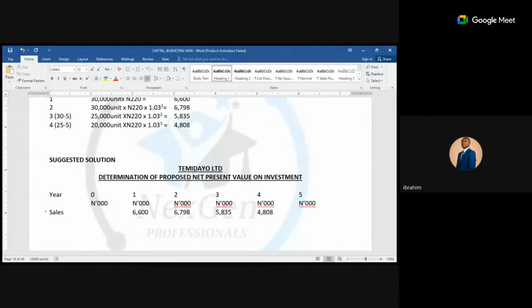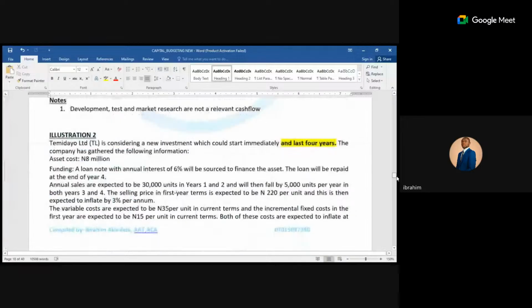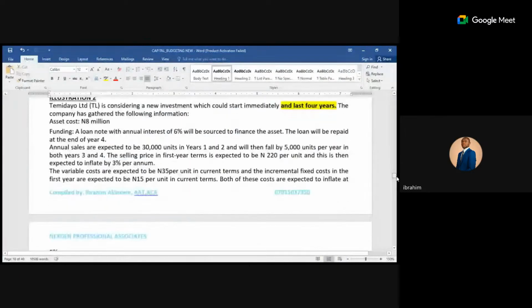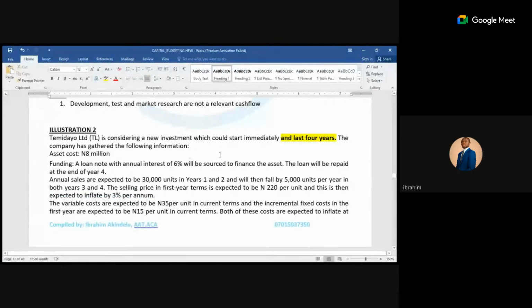This is new because the tax is being paid in arrears. So we need to check for the variable costs, the relevant cash outflow. Okay, that is our sales.